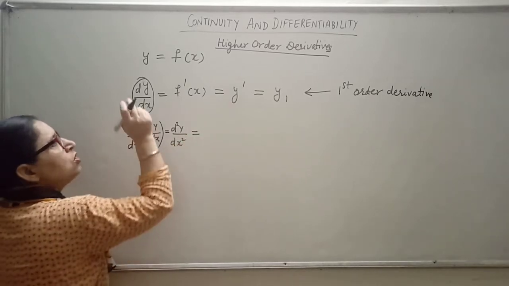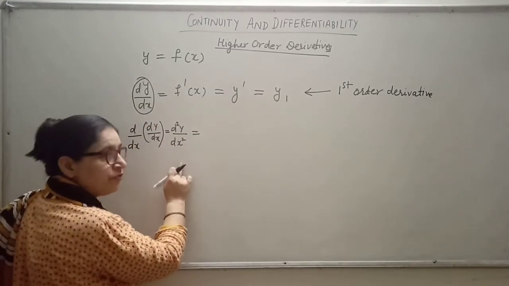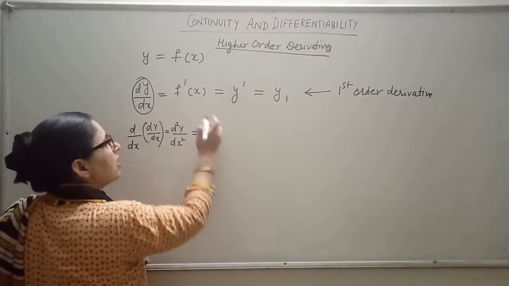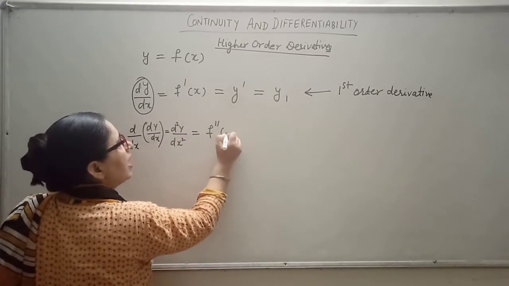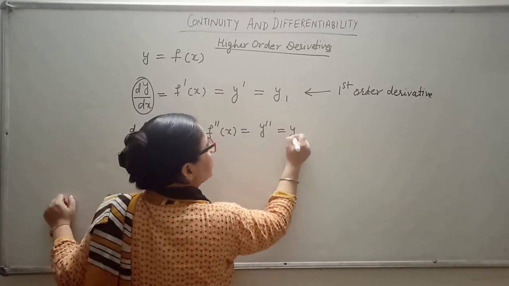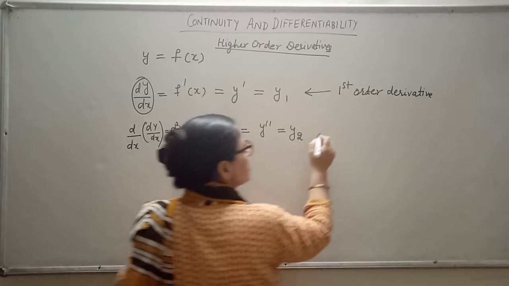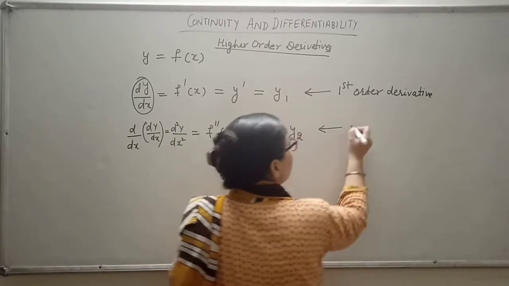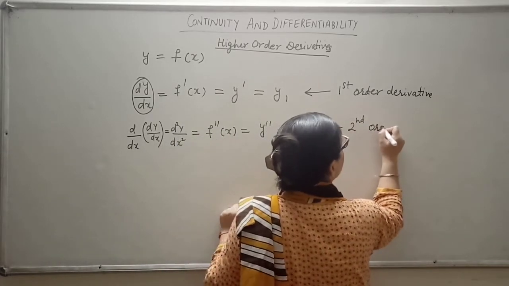This is the second order derivative of y with respect to x. So here it would be written like f double dash x, or this is y double dash, or we can write it as y2. All these are the notation for second order derivative.